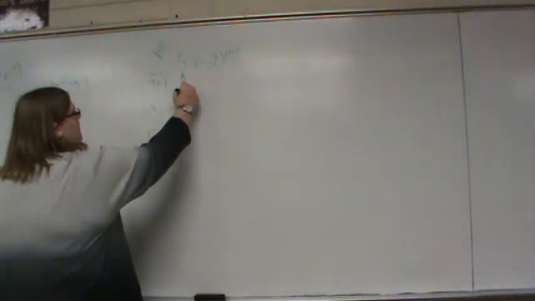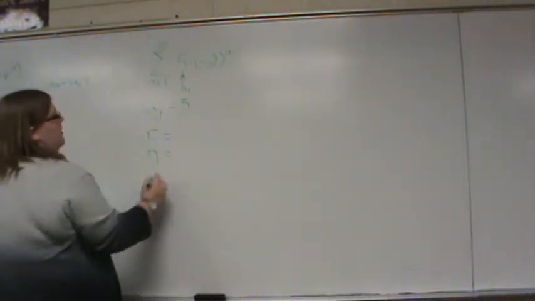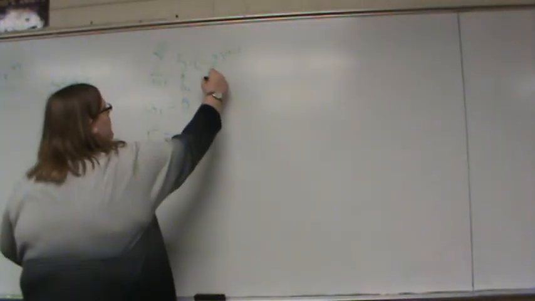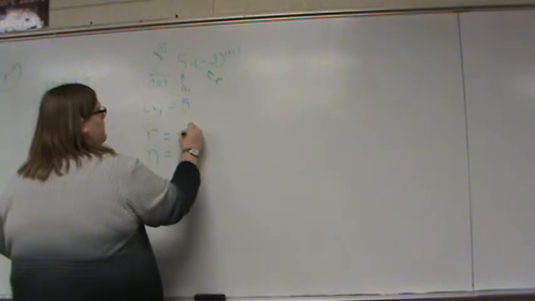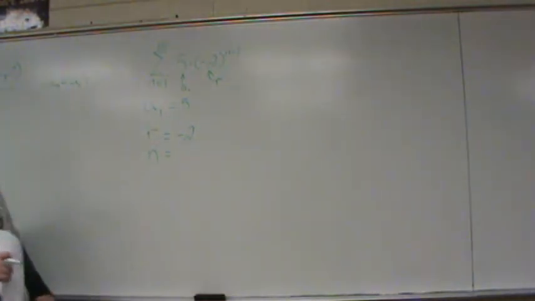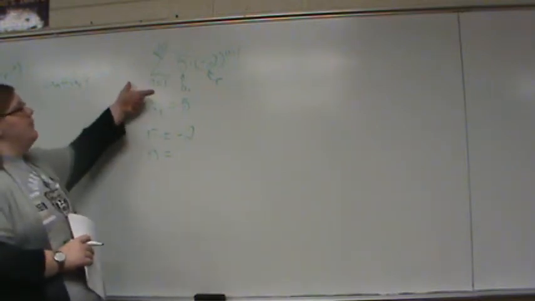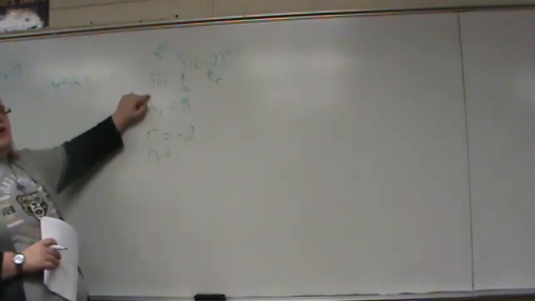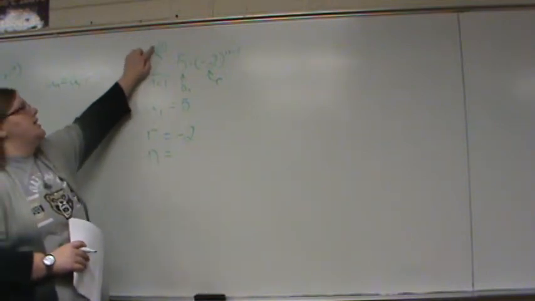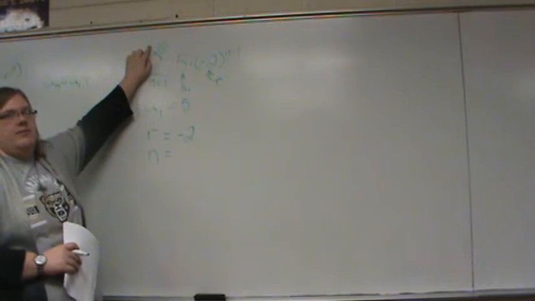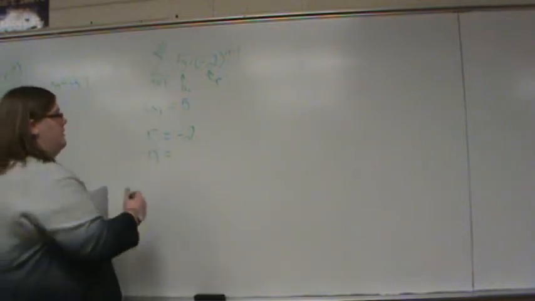What's my R value? That comes from right here. And for this one, what's my N value? 10. Remember, we have that N equals 1 on the bottom, so we can automatically say that this top number is the number of terms that we have. So that's a 10.